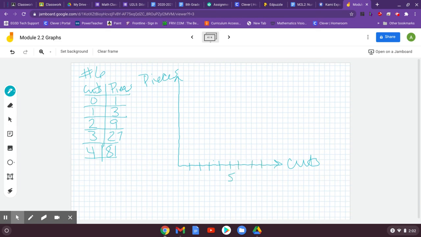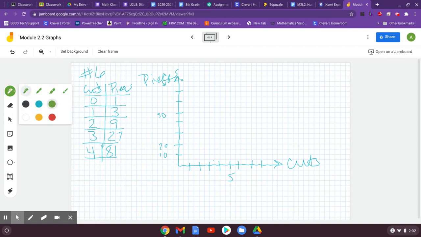And I have to get up to 81. So I think I'm going to go by tens. 10, 20, 30, 40, 50, 60, 70, here's 80. So just label enough that I know what I'm doing here.